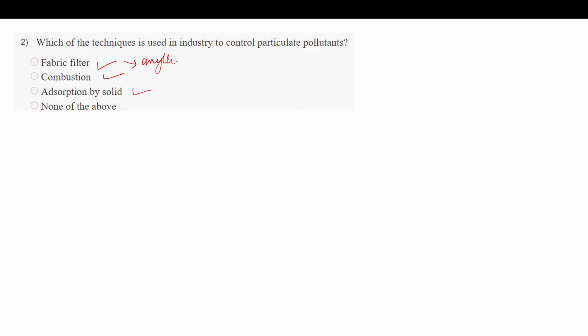Anything can be separated based on size by providing a fabric as a filter media. Particulate matters have very different size from the air molecules, and they might be separated by a fabric filter.